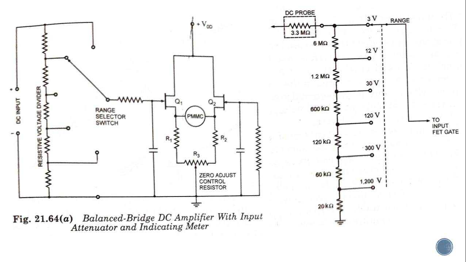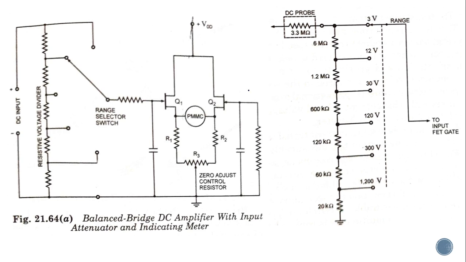If your switch is in the topmost range, 3 volt will give you the maximum deflection. If it is at the 1200 volt range, then only 1200 volt will give you the maximum deflection. This is how the range is selected. Different resistors are selected, and the voltage is divided across the particular resistors.